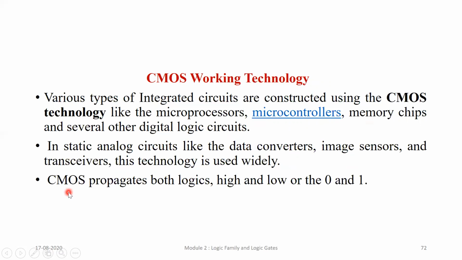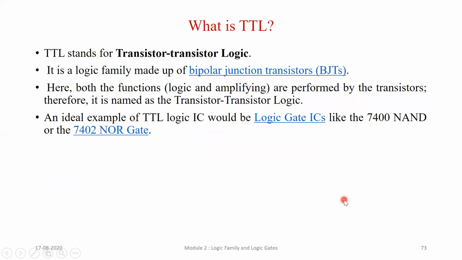Now, in digital, the main thing is I work with only 0 and 1. So CMOS gives logic high and low, or 0 and 1. We are not interested in all other functions, we are interested in getting 1 and 0. So that's why we use CMOS.